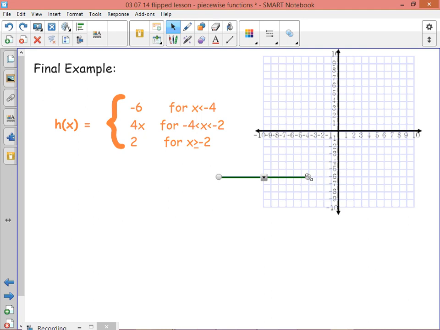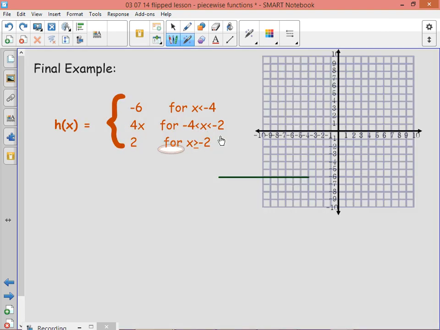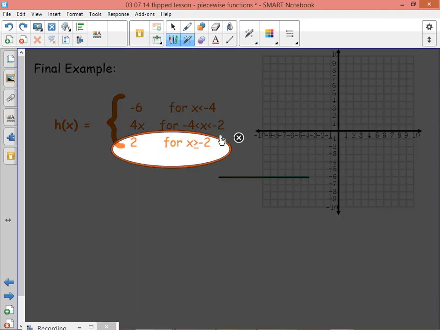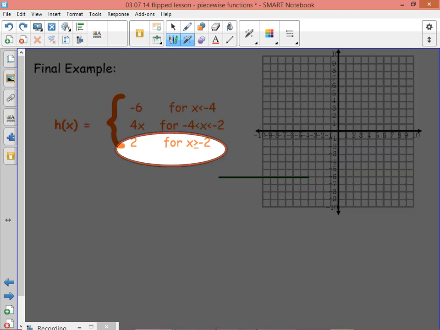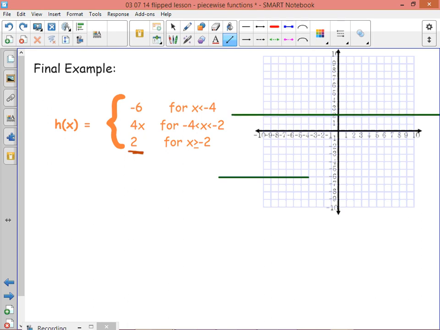I'm going to skip to the third part here, because that's really easy as well, and then we'll just do one slightly hard part. The value of y is 2, so I draw a line where y is 2, and that's right there.